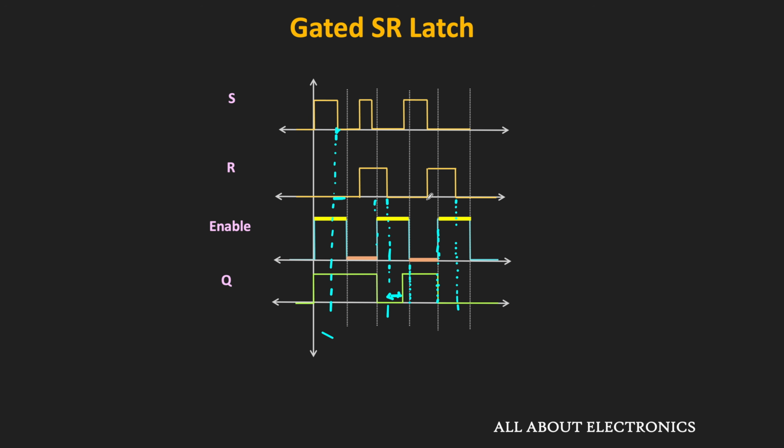But after this point, since R is also becoming low, both inputs S and R will become low. That means during the remaining on time, this latch will retain its present state and therefore it will remain low. So if you see the overall output of this gated SR latch, it will look like this. So in this way, by applying the periodic clock signal to this gated latch, it can be used as the synchronous memory element.